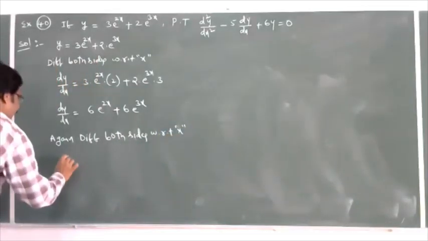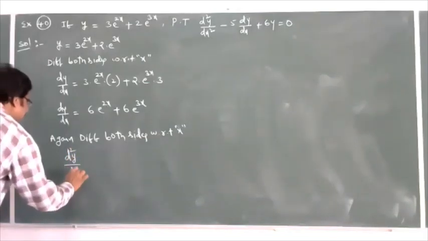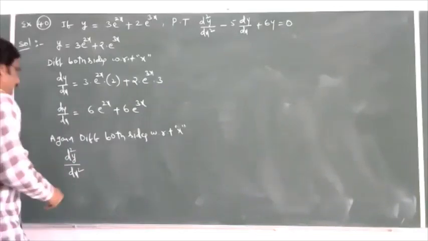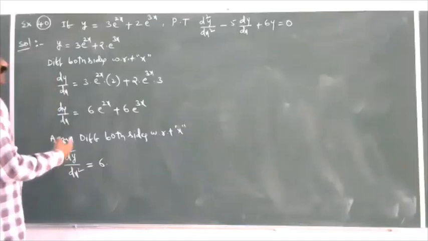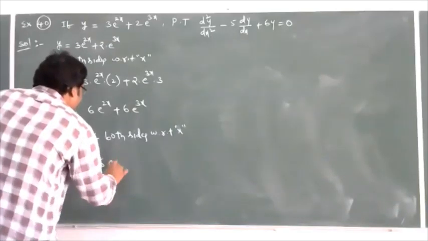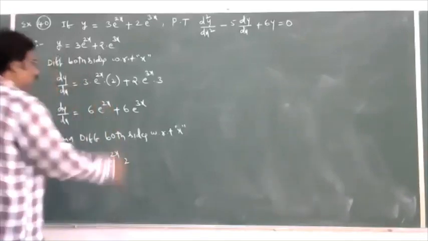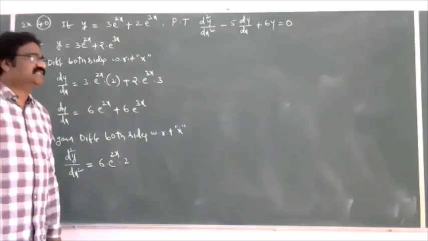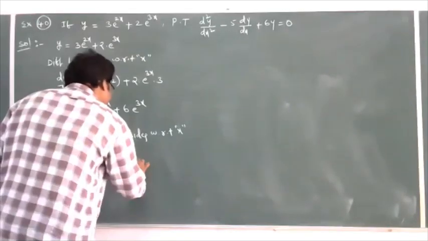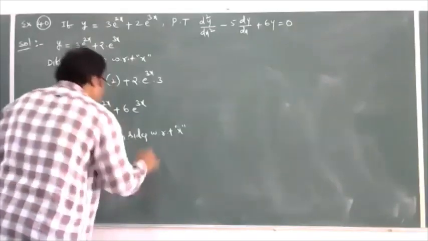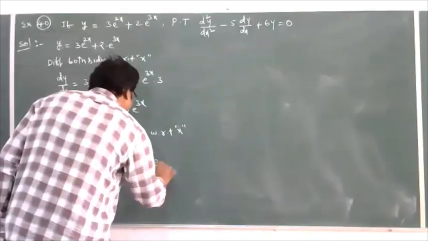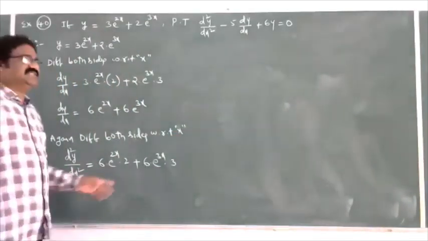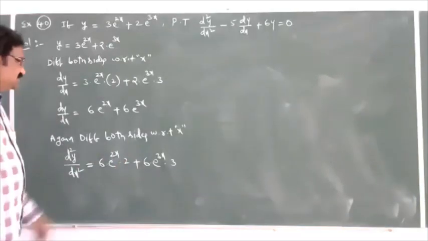Here dy by dx derivative is d square y by dx square, is equal to 6 into e power 2x derivative, e power 2x into 2x derivative 2, by using chain rule, plus 6 into e power 3x derivative, e power 3x into 3x derivative 3.